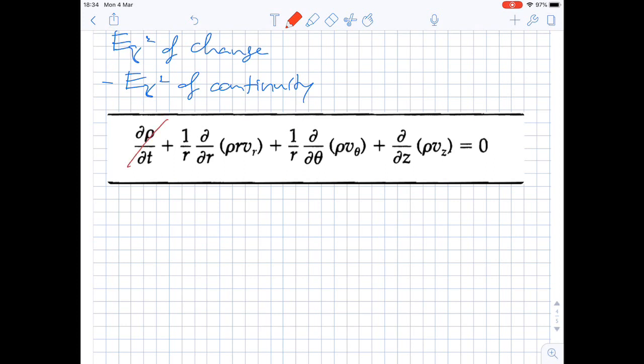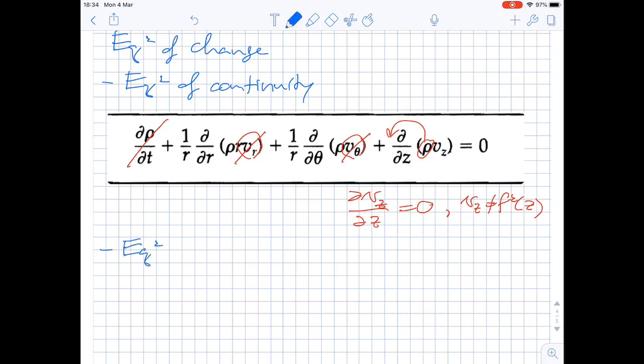We can say that at steady state, this term is 0, or your density does not change with respect to time. VR is 0, V zeta is 0. So here you can take rho out of the differentiation because density is constant. At the end, you end up with dvz by dz equal to 0, or vz is not a function of z, as we already found out.